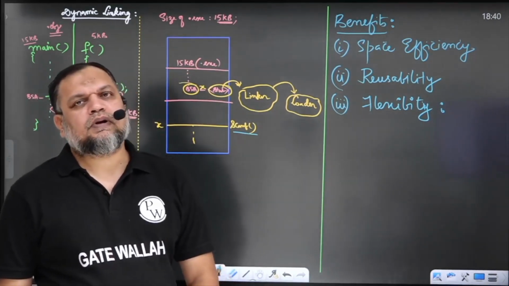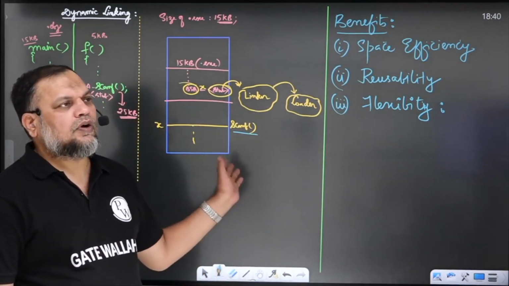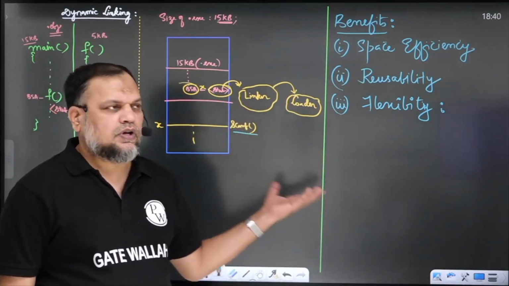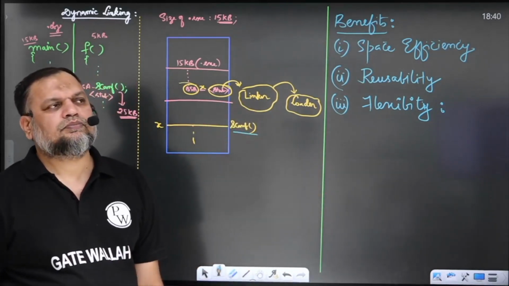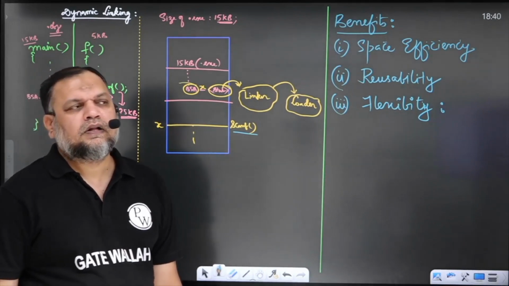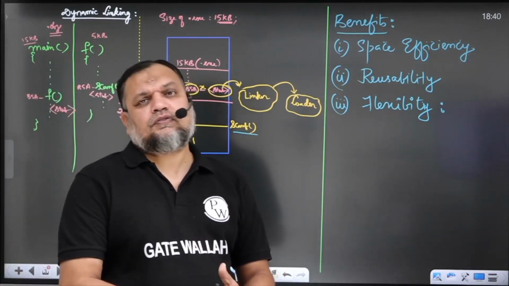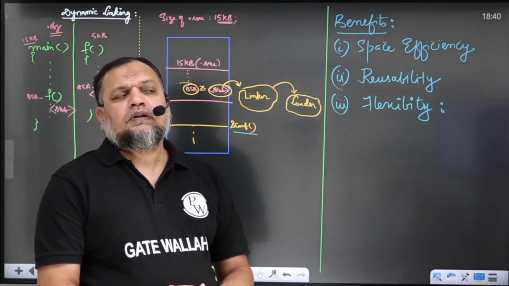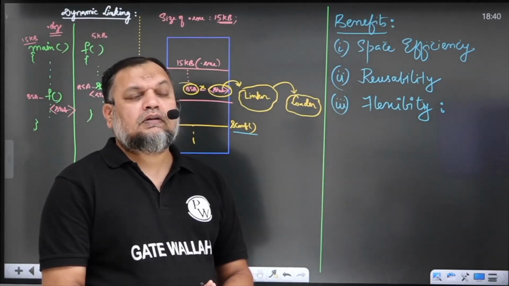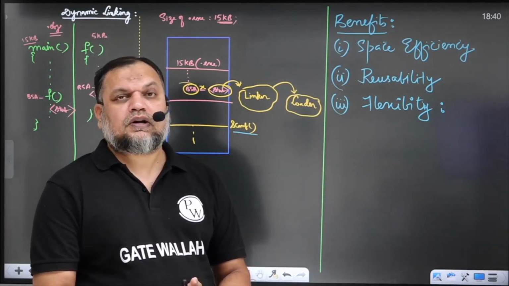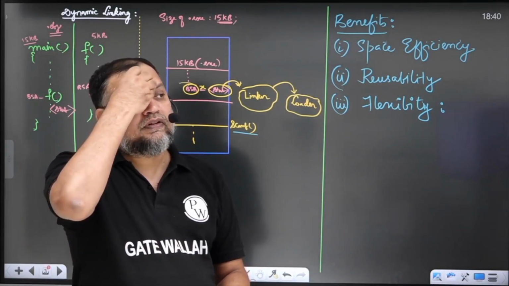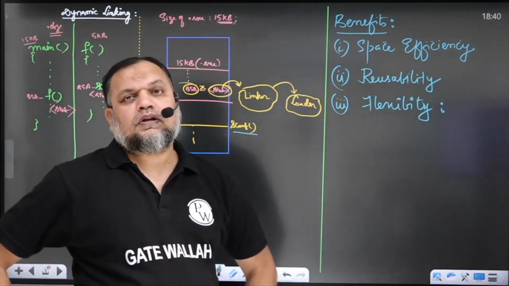I will have to recompile all the applications. Here recompiling of all applications is not needed because I have only one copy of the library. So essentially these are the benefits: space efficiency, reusability, and flexibility of upgradations of the library. These are benefits of dynamic linking.